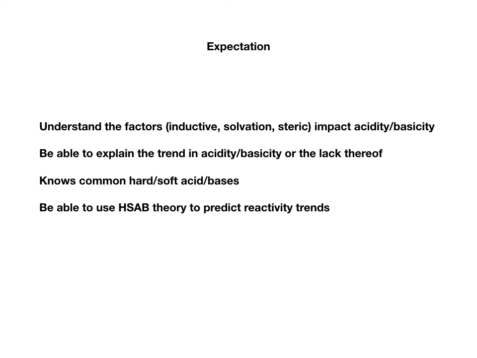And if given two Lewis acids or bases, you should be able to have a general idea which one is harder and which one is softer. And last, you should be able to use HSAB theory to predict reactivity trends and thermodynamic data. As I said, every chemical reaction can be explained by Lewis acid-base interaction. So you should be able to use HSAB theory to explain pretty much everything.